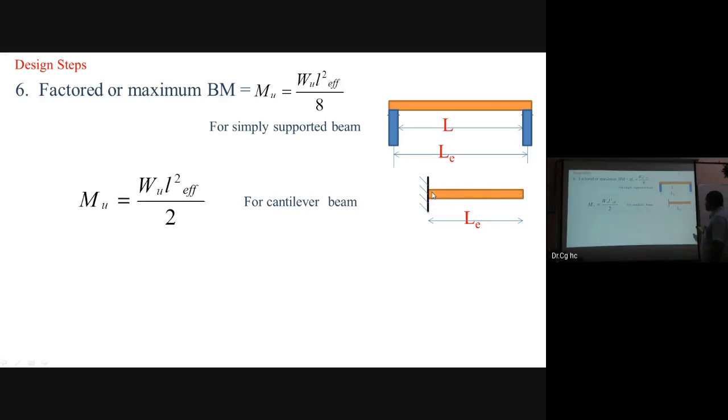It is assumed to be acting at the center, that is L by 2. Therefore, WL multiplied by L by 2 is the moment at the support. This is WL square by 2 for a cantilever beam, and for a simply supported beam, we know that it is WL square by 8.